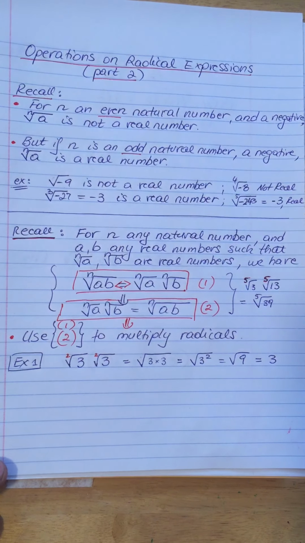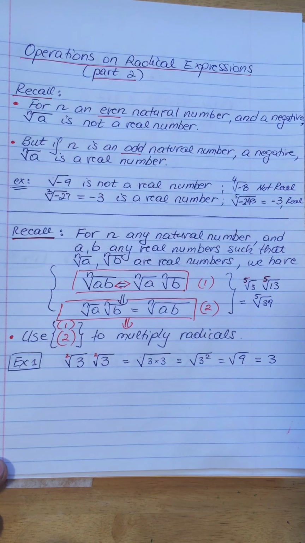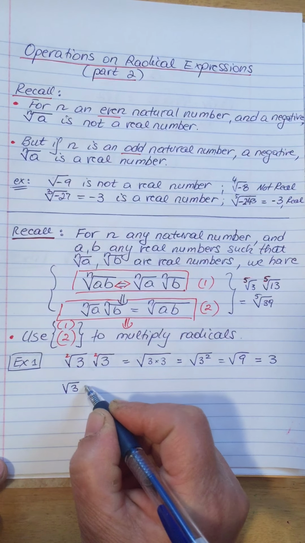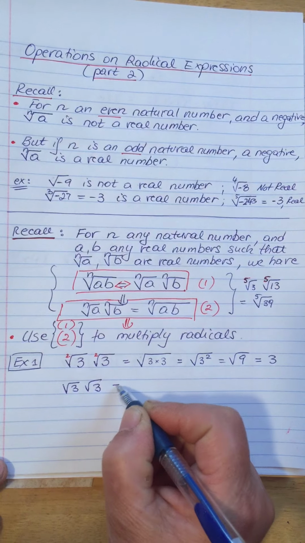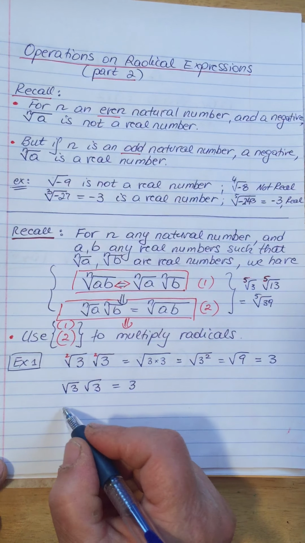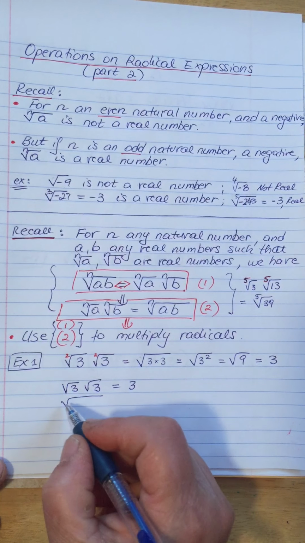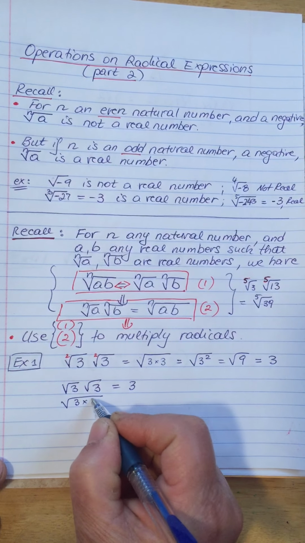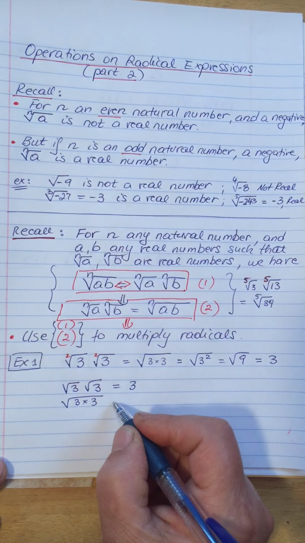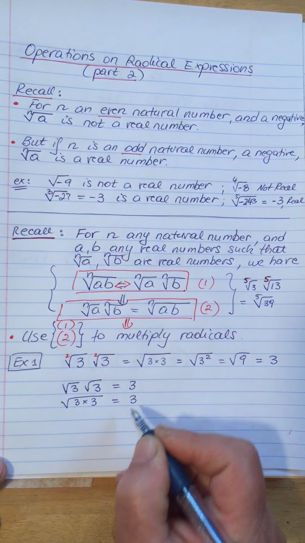Why did I do this example? Because I want you to recognize that the square root of 3 times the square root of 3 is directly 3. Or if you have the radical of a product, a number multiplying itself, this is also 3.